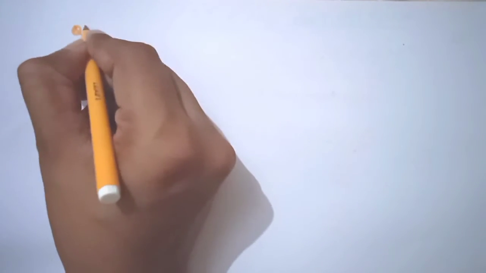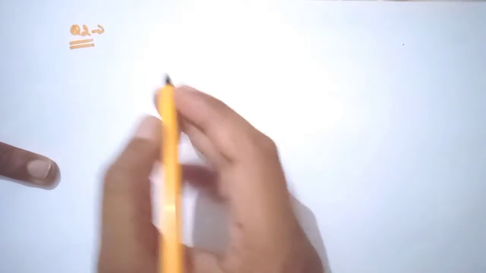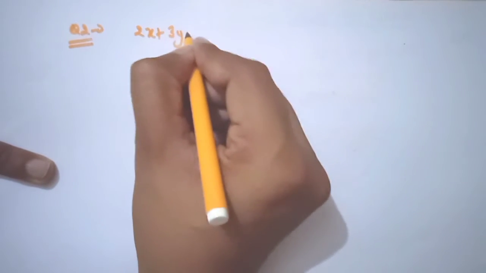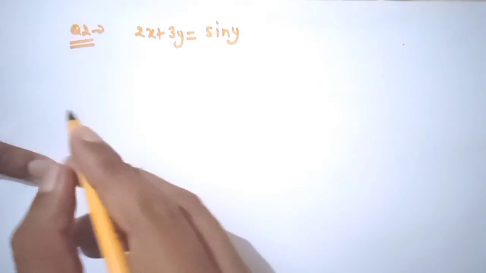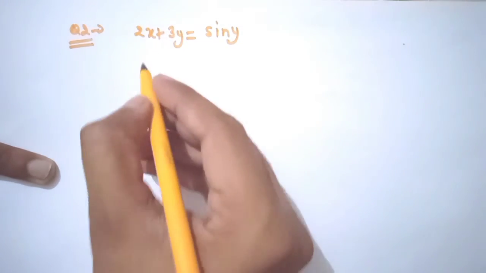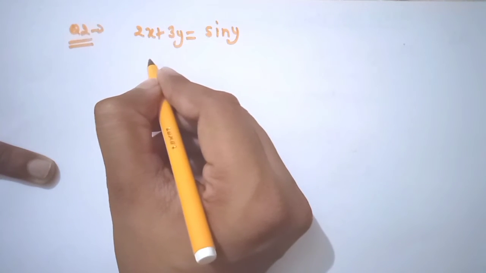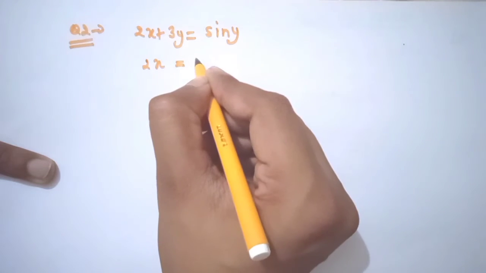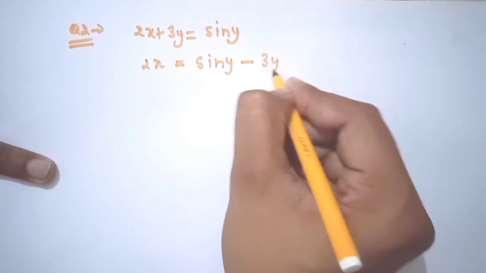Now taking question number 2. Question number 2 states that 2x plus 3y is equal to sin y. We will go with a similar process as in the previous question. We will note down 2x is equal to sin y minus 3y.